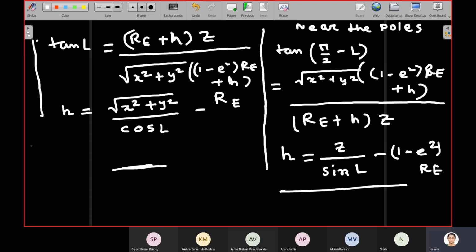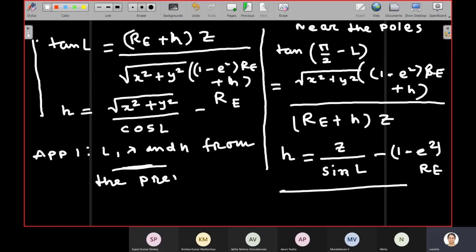There are two approaches. Approach one says that you take latitude, longitude and height from the previous time instant, or your previous computation.